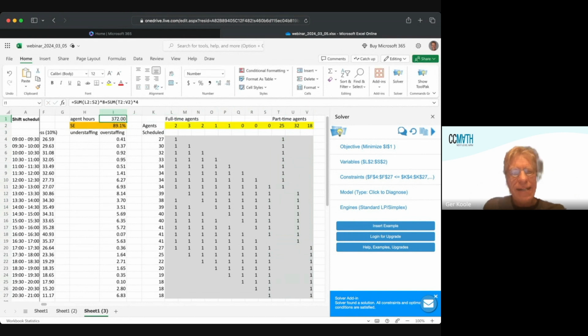But right now it's just to illustrate that there is a solution with part-time agents, quite a number of part-time agents. Again, if you change this 4 to 4.5, perhaps you get a more balanced solution. But what we do see is that by introducing these part-time shifts, the shift efficiency goes up from 62 to 89. So really part-time shifts help here.